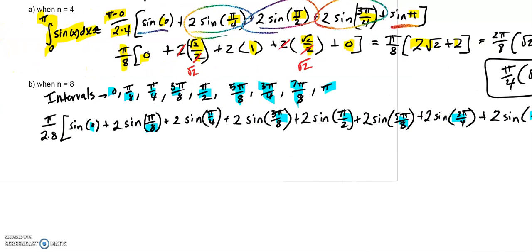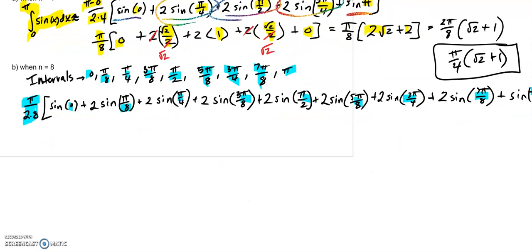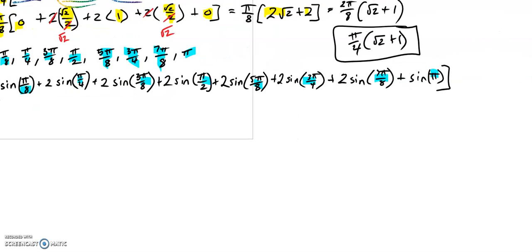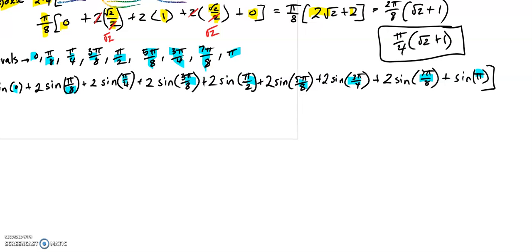And your b minus a over 2n, that's pi over 16 in that case. And from here, you simplify. You should find the sine of all of those and then simplify after that. Some of these we know from above, but some of these you just plug into a calculator, like sine of pi over 8.